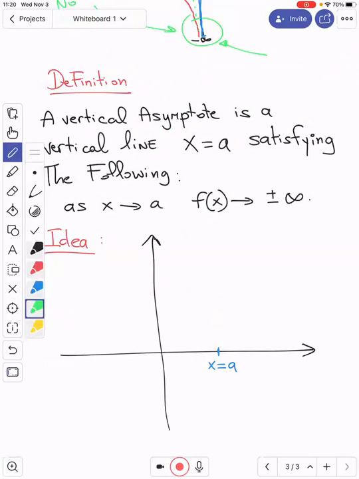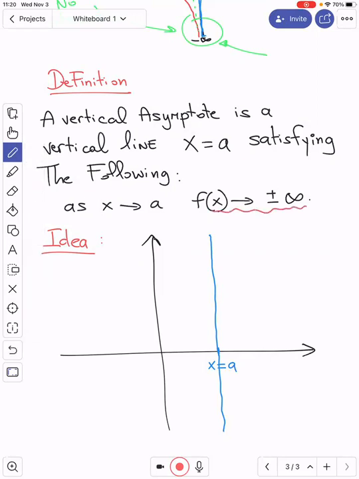If you have a vertical asymptote x equal to a, then we're going to have this vertical line passing through x equal to a, right? Because the equation of the vertical asymptote is x equal to a. And then the graph is going to be the graph of f. The values of f, as you can see, are going to approach either positive or negative infinity, right? This is my positive infinity right here, this is my negative infinity. So as x approaches a, x is in the neighborhood of a, like this green neighborhood.